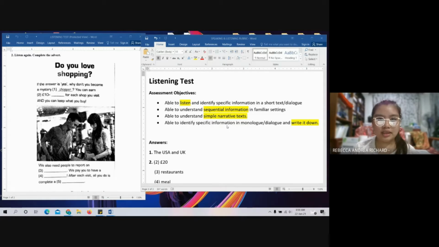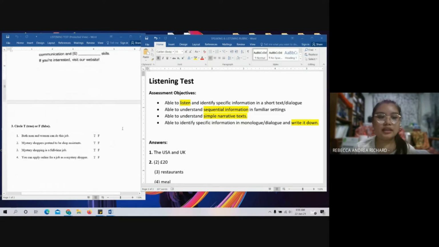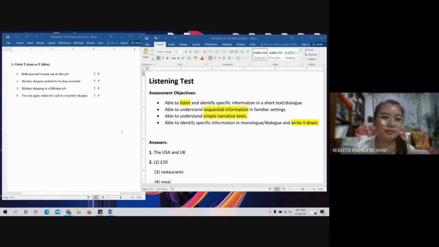Okay, thank you. Moving on to the third exercise, which will be explained by Belle.